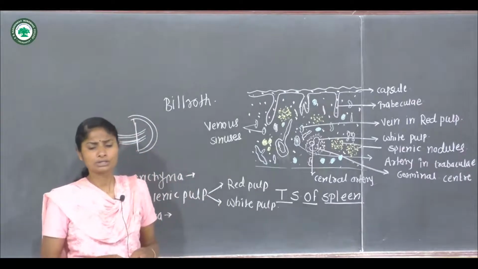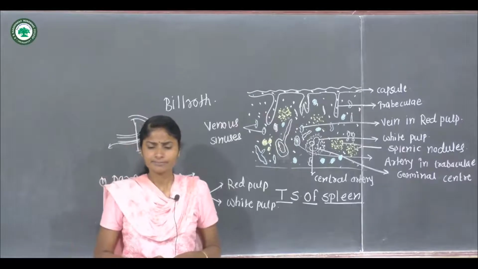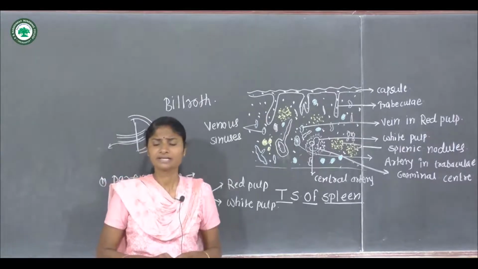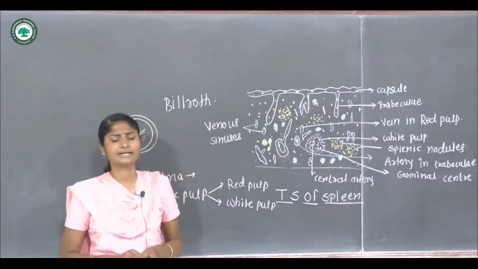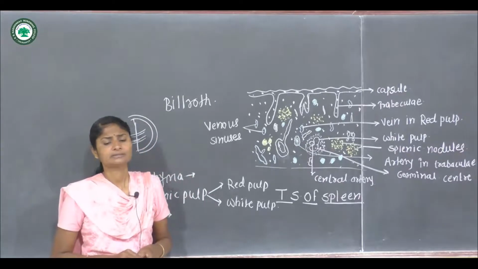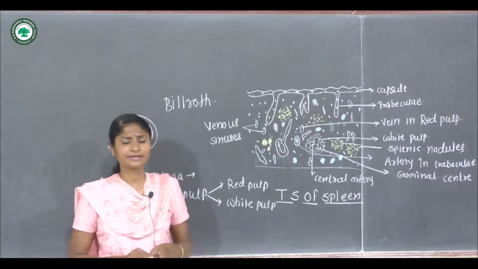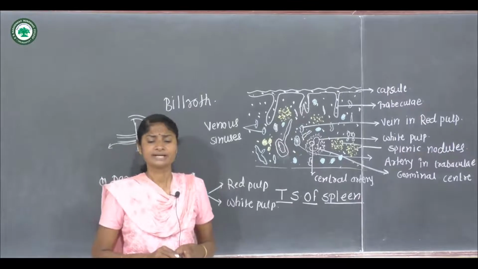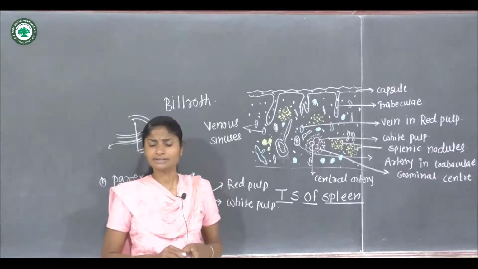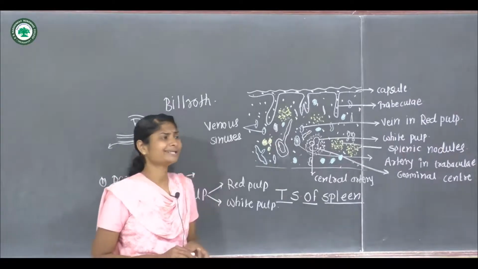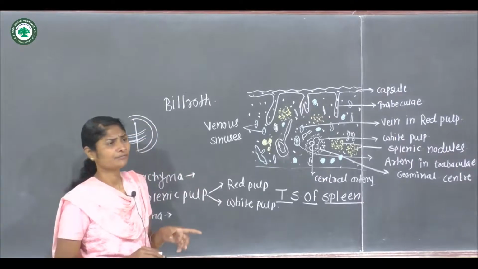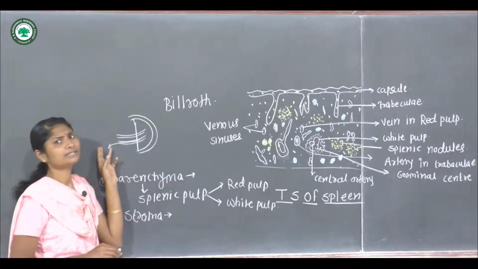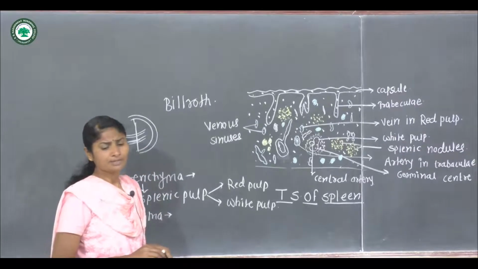The venous sinuses form a plexus throughout the red pulp. The pulp veins form collecting venules, become trabecular veins in the trabeculae and unite to form the splenic vein, which leaves the spleen through the hilum.